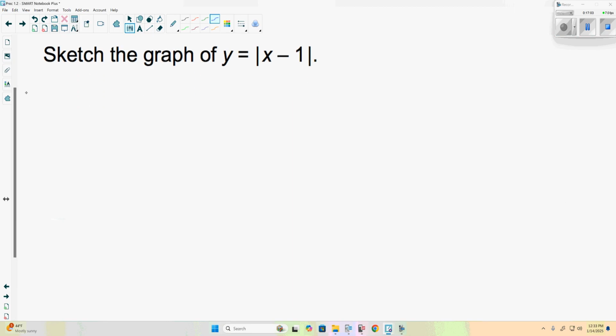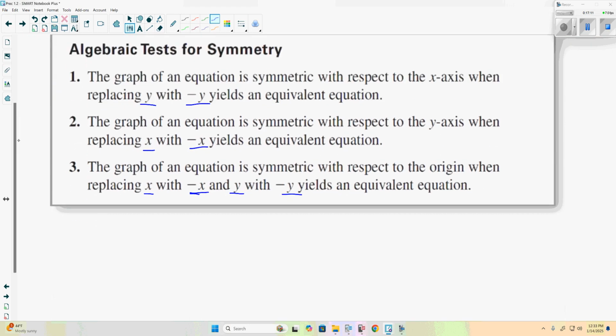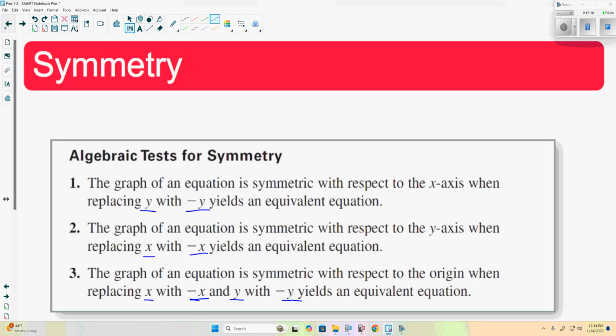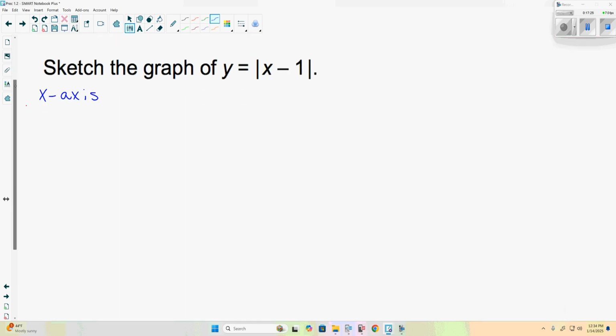So let's look at this here. Now we're not going to sketch it. We'll sketch it in a minute. But if we want to see if it's symmetric to the x-axis, what we're going to do is replace y with negative y. So here, we're going to take the y value and replace it with negative y, and see if we get the same equation.